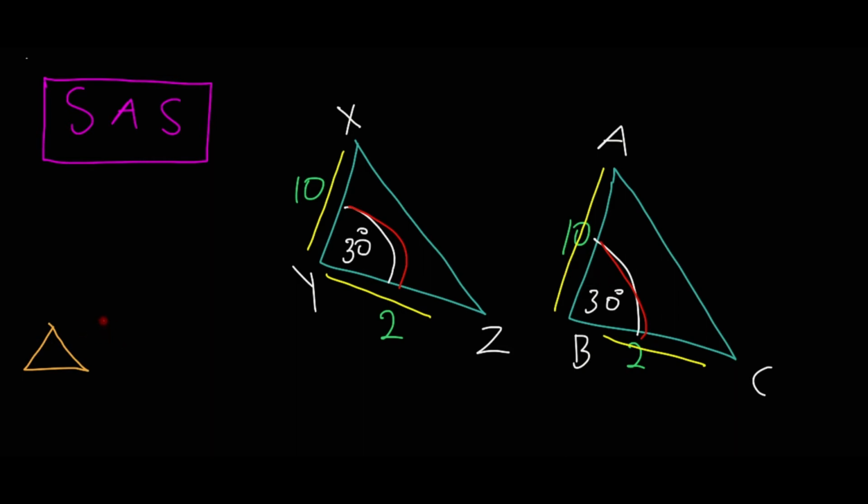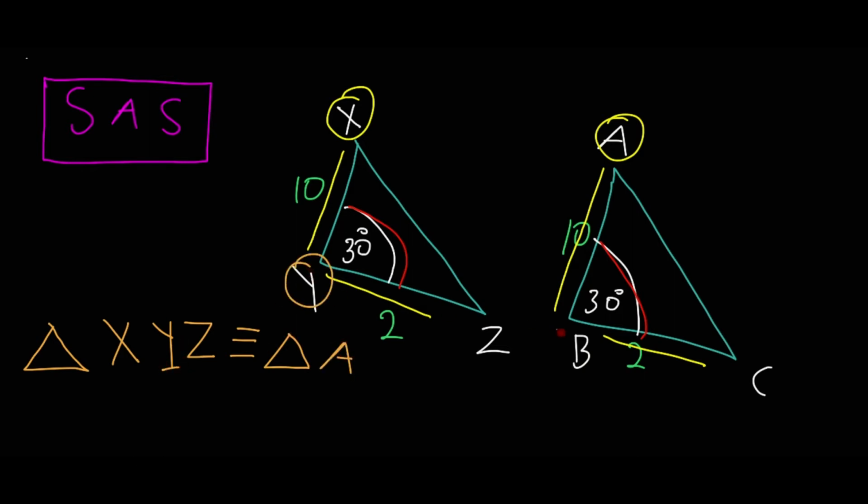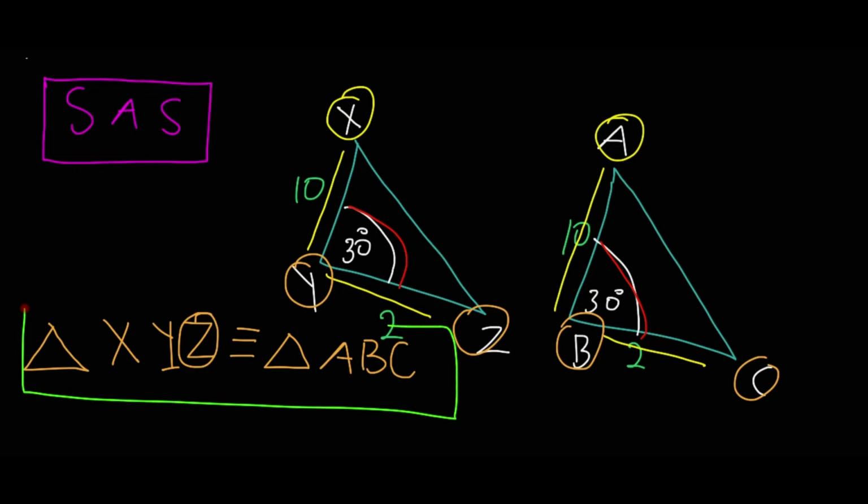So let's say triangle XYZ is congruent to, X corresponds to A, so I must start with A, and then Y corresponds to B, so it will be B, and Z corresponds to C. Therefore it's congruent to triangle ABC. So this is our final answer, and the condition is side angle side.